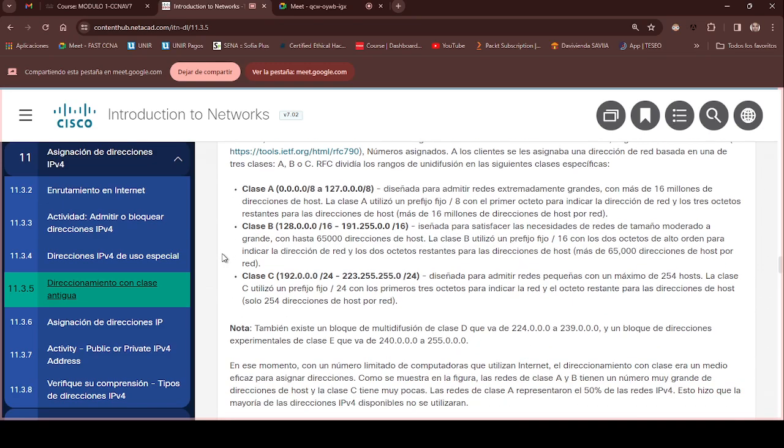El direccionamiento con clases definía redes clase A, clase B, que estaban en el rango 128.0.0.0/16, y redes clase C, que estaban en el rango 192.0.0.0/24. La clase A iba desde la 0.0.0.0/8 hasta la 127.0.0.0/8. La clase B, de la 128.0.0.0/16 hasta la 191.255.0.0/16.